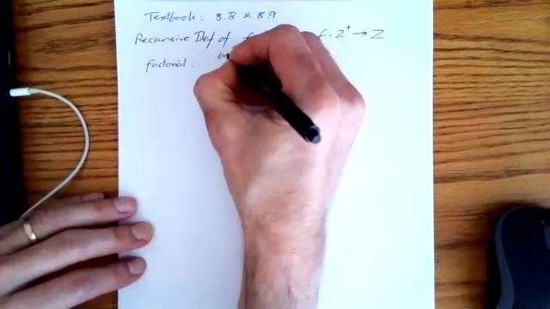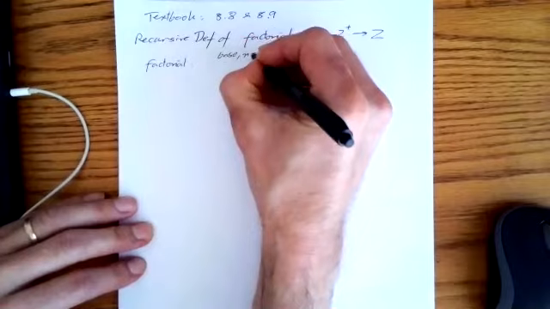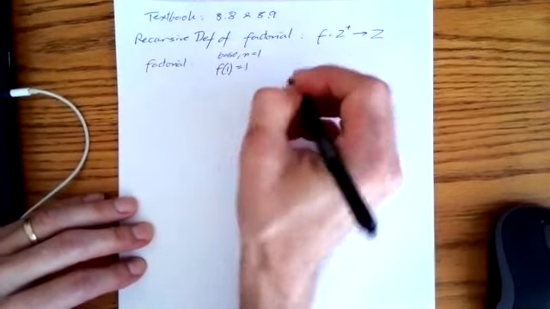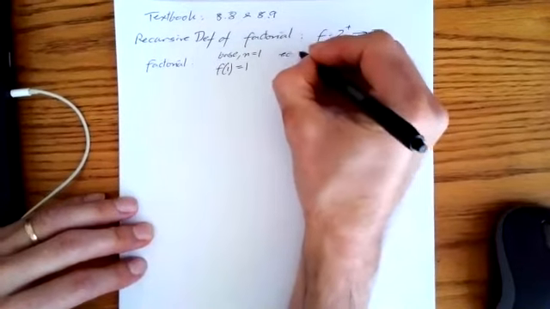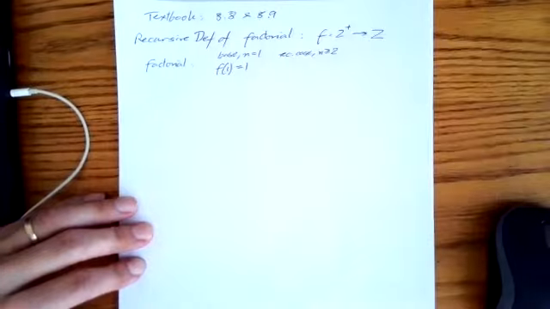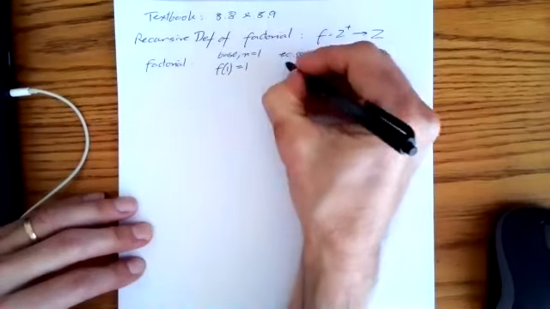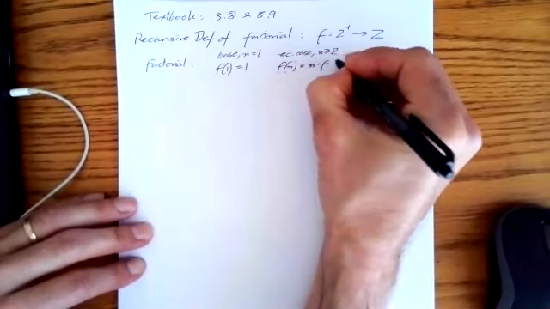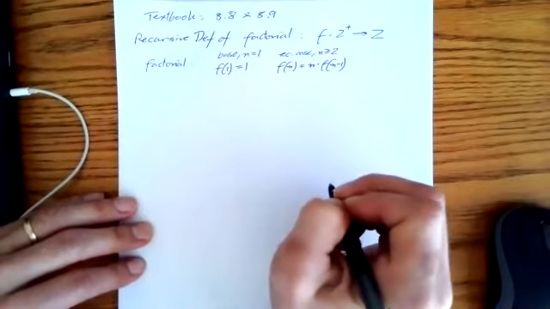In the base case, n equal 1, we define f of 1 to be 1. And in the recursive case, for n greater or equal to 2, we define f of n to be the product of n and f of n minus 1.